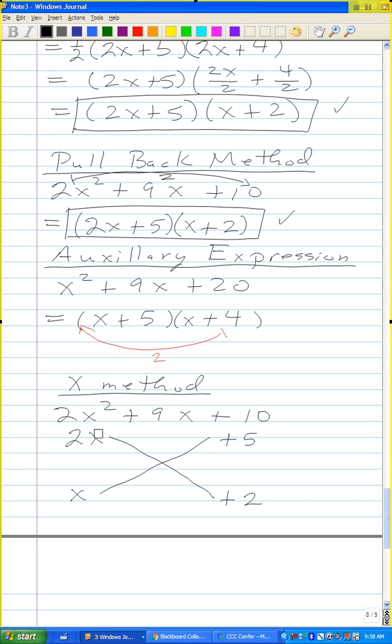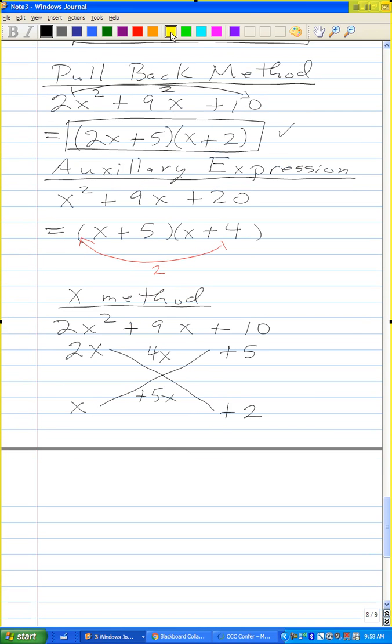And now let's do the cross. 2x times positive 2 is 4x. x times 5 is 5x. 4x plus 5x is 9x, so good. So therefore my answer is found by just combining these.